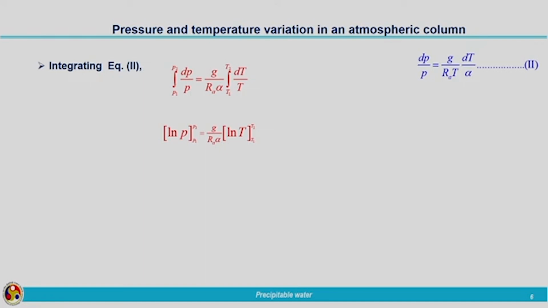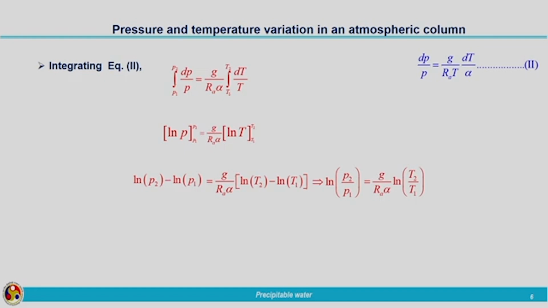So, we are going to substitute the limits. It will take the form ln P2 minus ln P1 is equal to G by R alpha times ln T2 minus ln T1. This equation we can modify again like ln P2 by P1 is equal to G by R alpha ln T2 by T1.